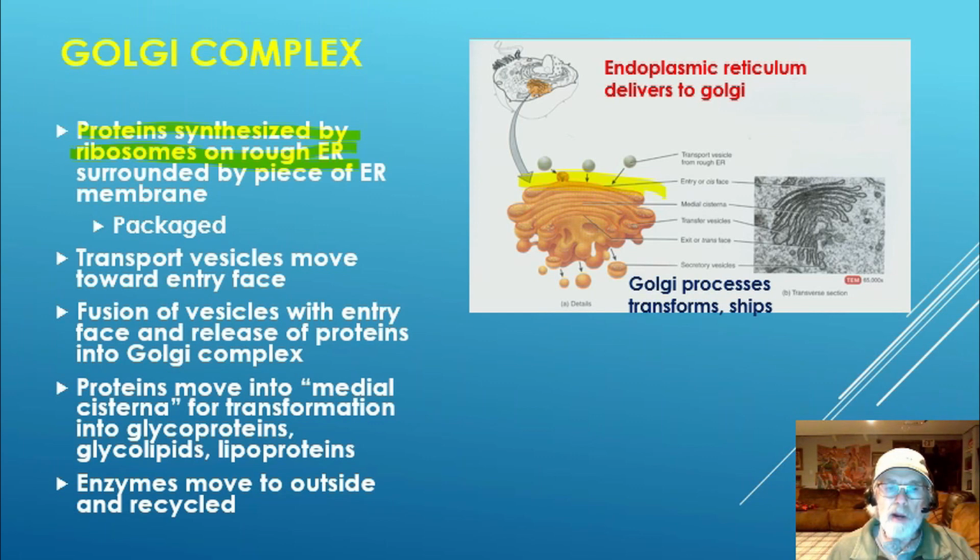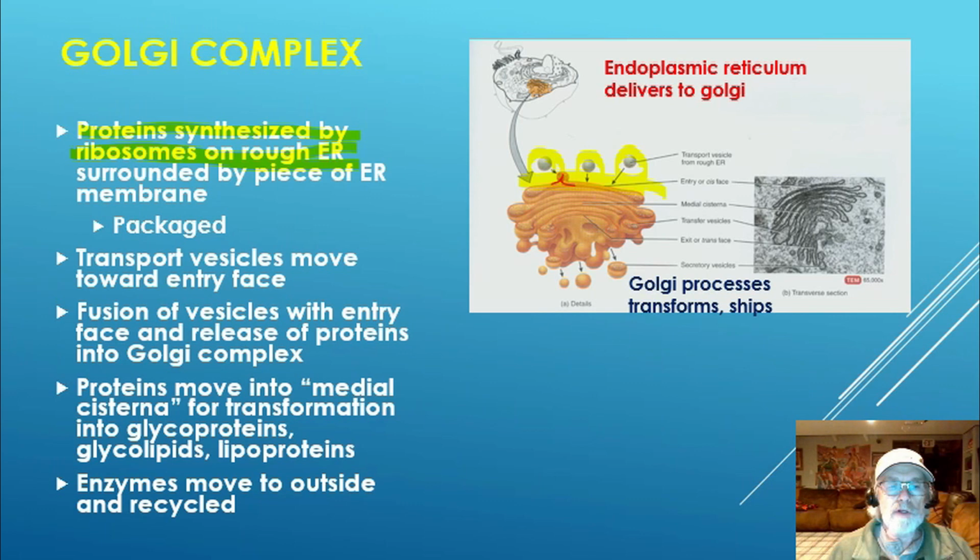These little bubbles with the proteins in them get to the entry face and they stick to the entry face membrane and merge, and then deposit what's inside into the channels of the Golgi complex.